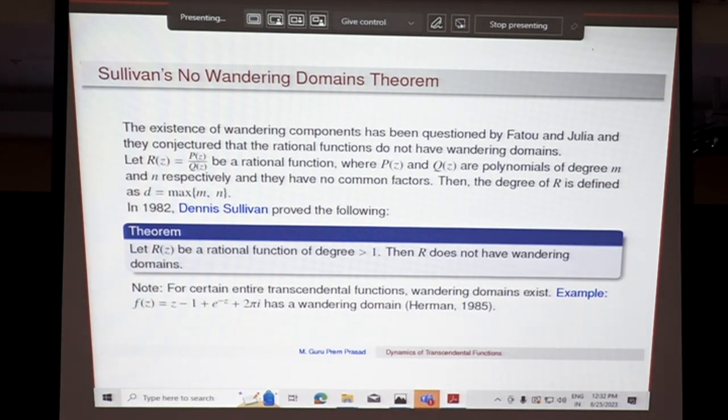There is a major distinction between polynomials and transcendental entire functions. Similarly, comparing with meromorphic functions, a rational function does not have a wandering domain, but a transcendental meromorphic function may have a wandering domain.